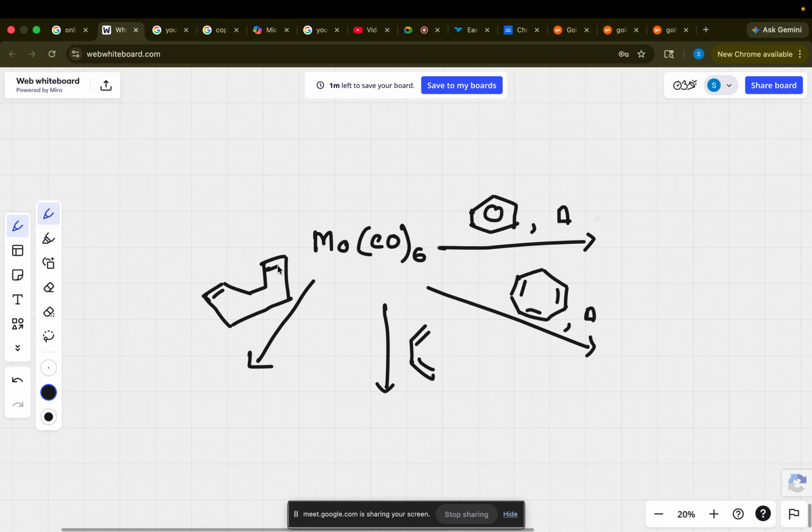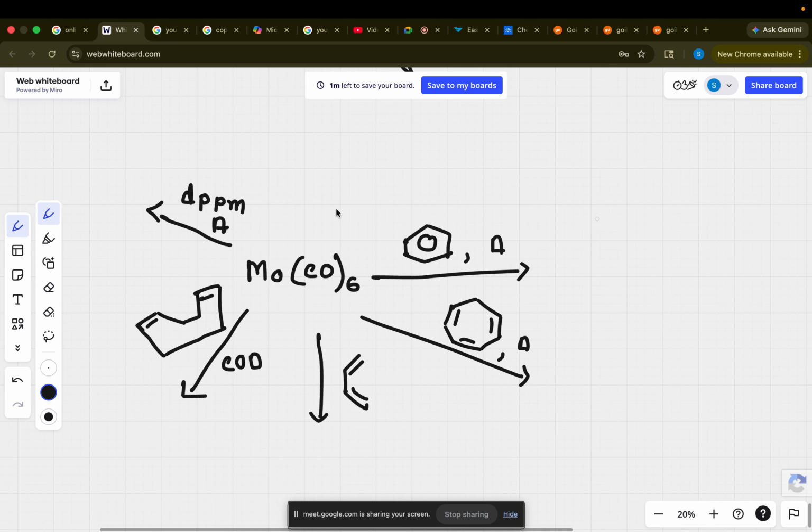This ligand is generally represented by COD, cyclooctadiene. Another one is your DPPM, in presence of heat. And this is Co2(CO)8, which you have done in inorganic chemistry.